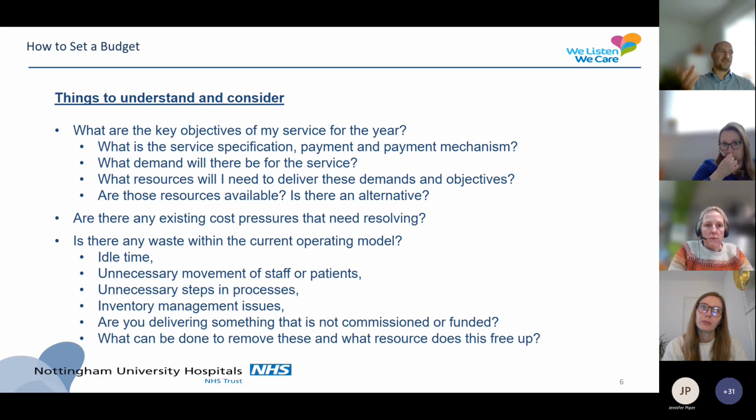Then it's factoring through, well, what resources do you need to meet those demands? As we said earlier, you need to make sure you've got access to theatres, to outpatients, to diagnostics. One of the key things that I find when looking at the way the service is set up is we're very good as an NHS at working out what internally we need as a department, but we don't always factor in the alignment of resources with supporting services.